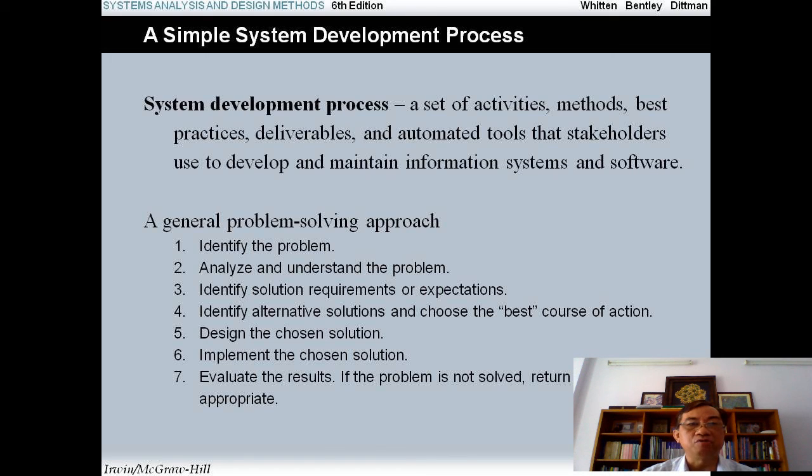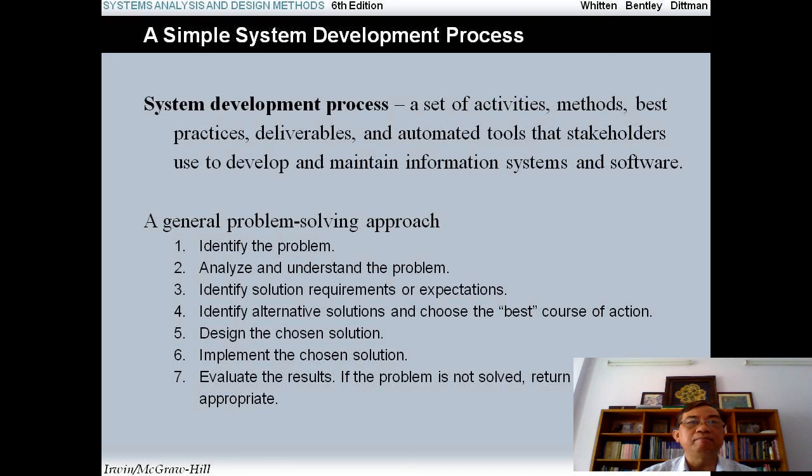Then identify solution requirements and expectations. Identify alternative solutions and choose the best course of action. Design the chosen solution. Implement the chosen solution. Evaluate the result. If the problem is not solved, return to step 1 or step 2 as appropriate.